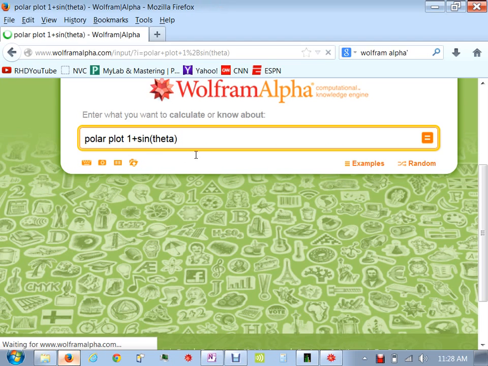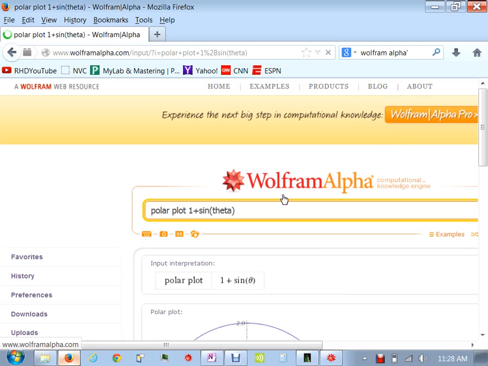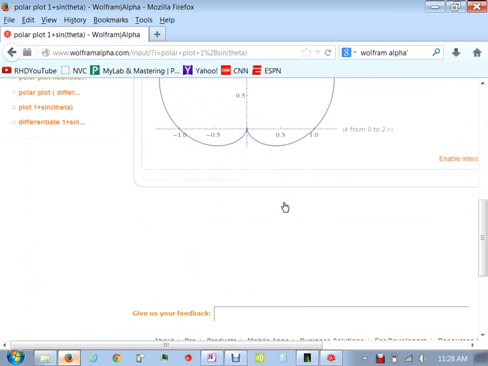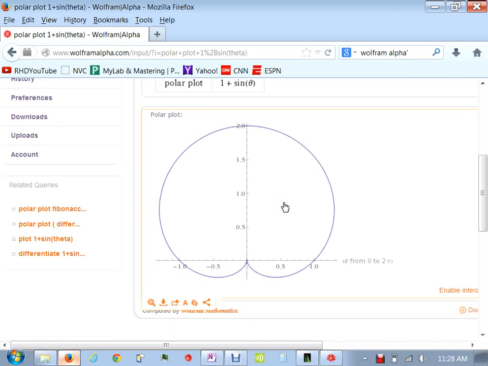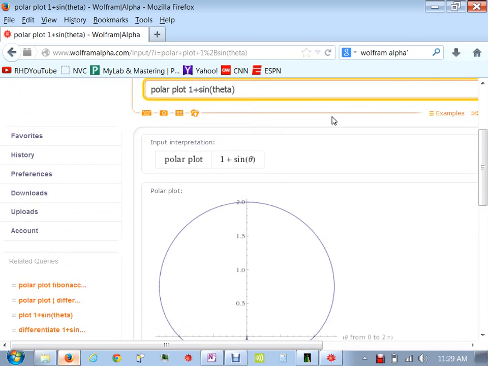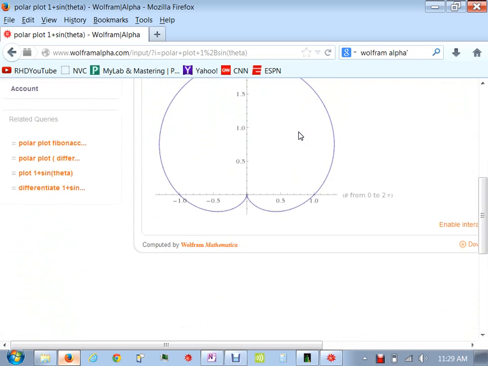What do you think? Hey, I'm impressed. There it is. So you can have Wolfram Alpha plot you some stuff.